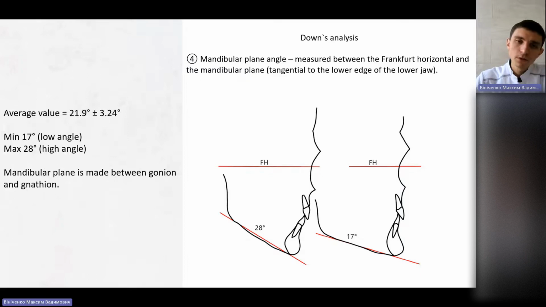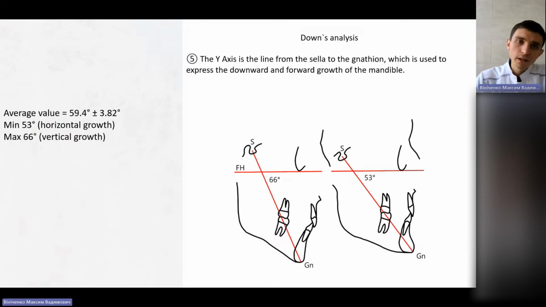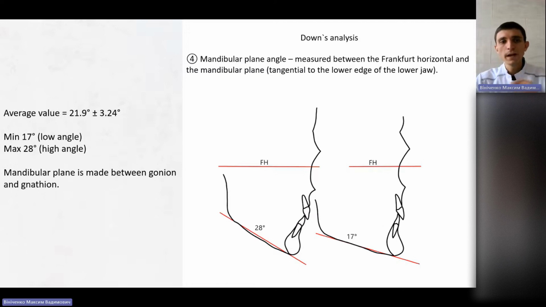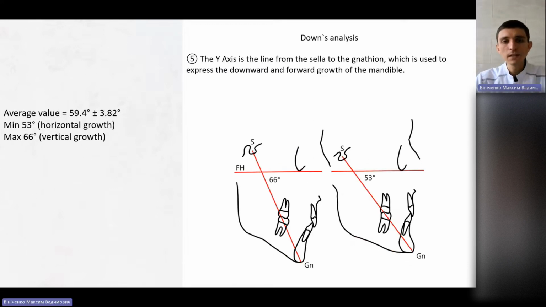For example, if we see a patient with an FMA of 17 and we measure the y-axis and see that this value is lower than 53, we could say that this patient has a low angle and a tendency to protrusion of the mandible.